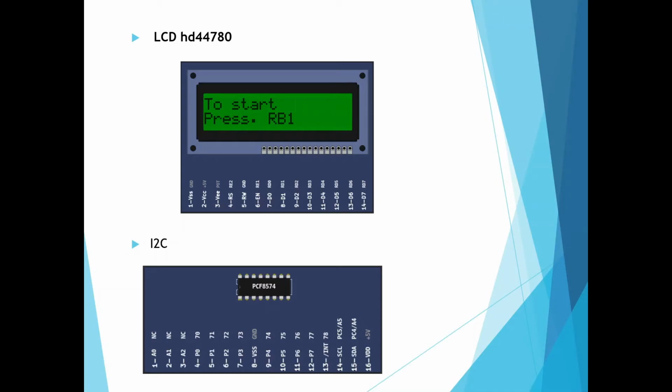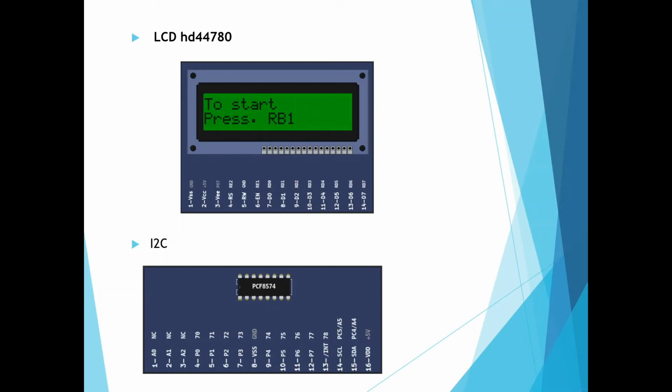Next, our component is I2C. I2C is short for Inter-Integrated Circuit, a synchronous serial communication protocol developed by Philips for communication between a fast microcontroller and relatively slow peripherals using just two wires.